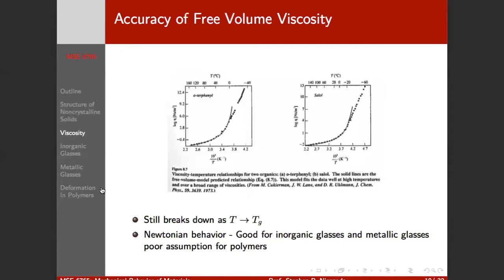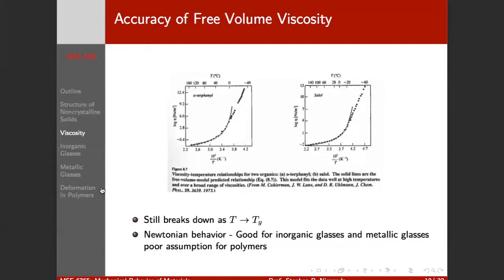Right, this is a log scale. This goes from -2 to 13. So we have 15 orders of magnitude change in viscosity, right? So what does that sort of tell us about the mechanical properties as we go from Tm to Tg, right?